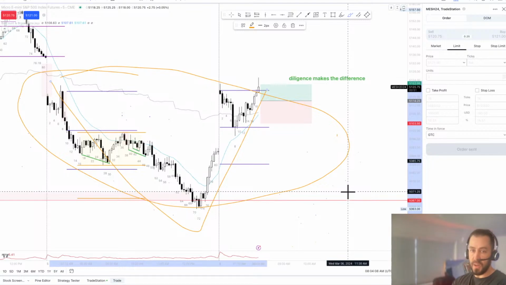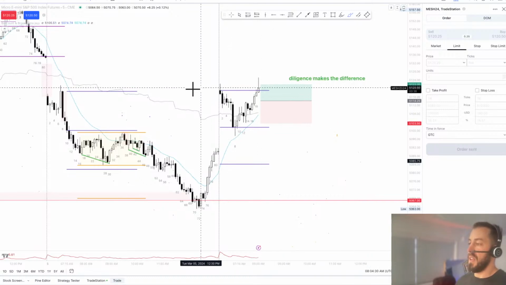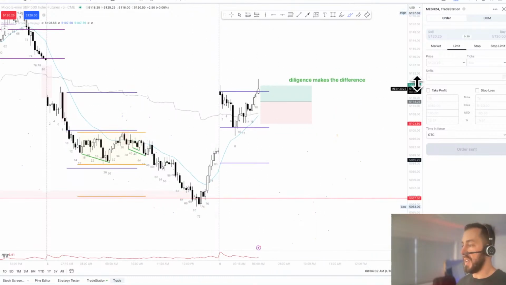So that's why we say anything goes until the bar close. So interesting, right? Profit taking at new highs, typical for channels.